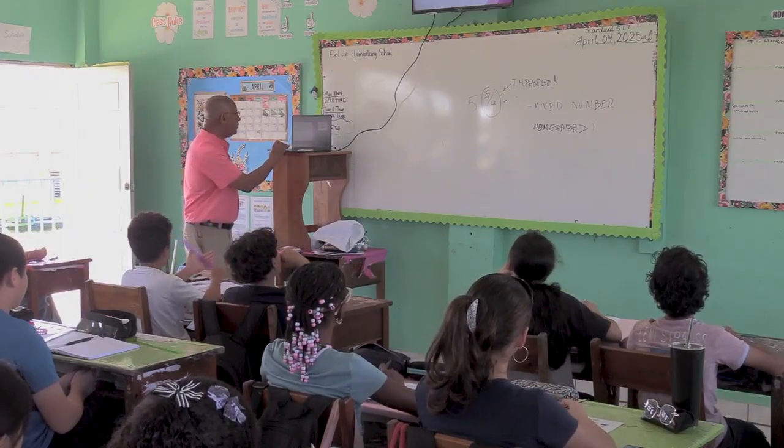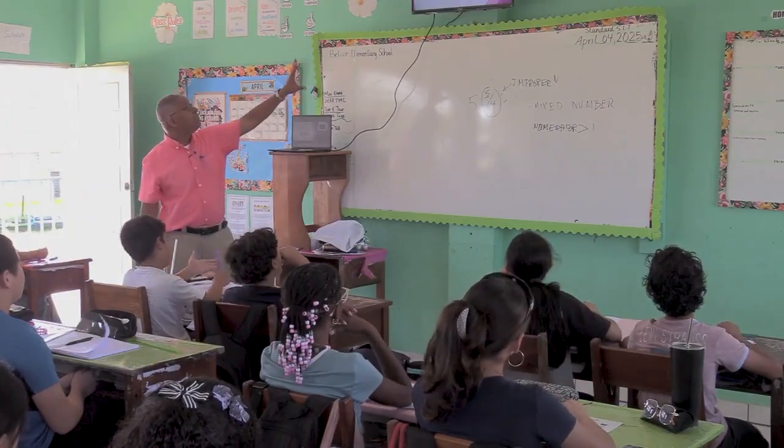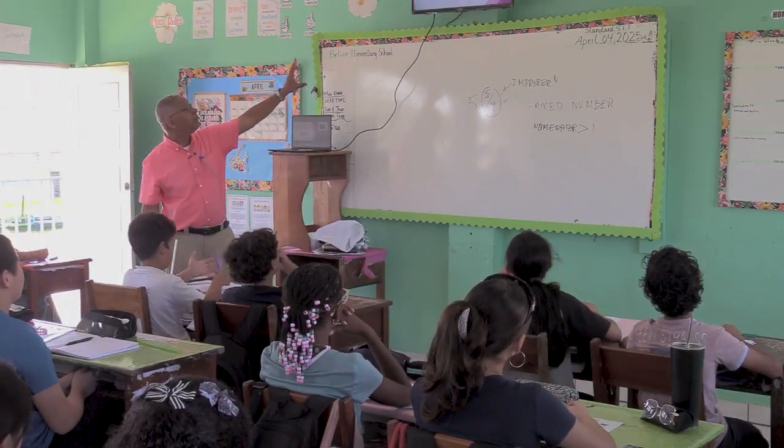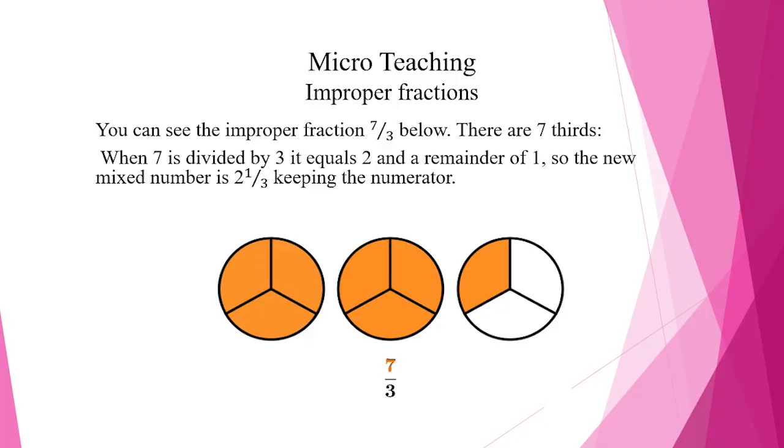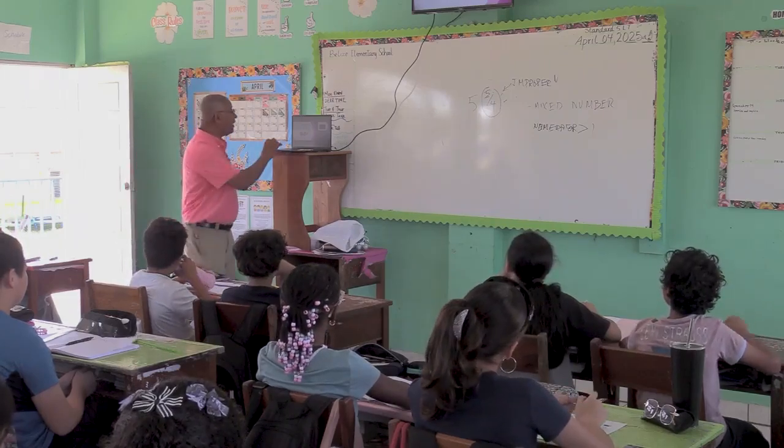We can see it more clearly in this example, made up of three circles divided into thirds. Graphically, 7/3 would be represented by 3 slices of pie, 2 of the pies completely covered, and a third of the third pie covered. So that's an example of an improper fraction.